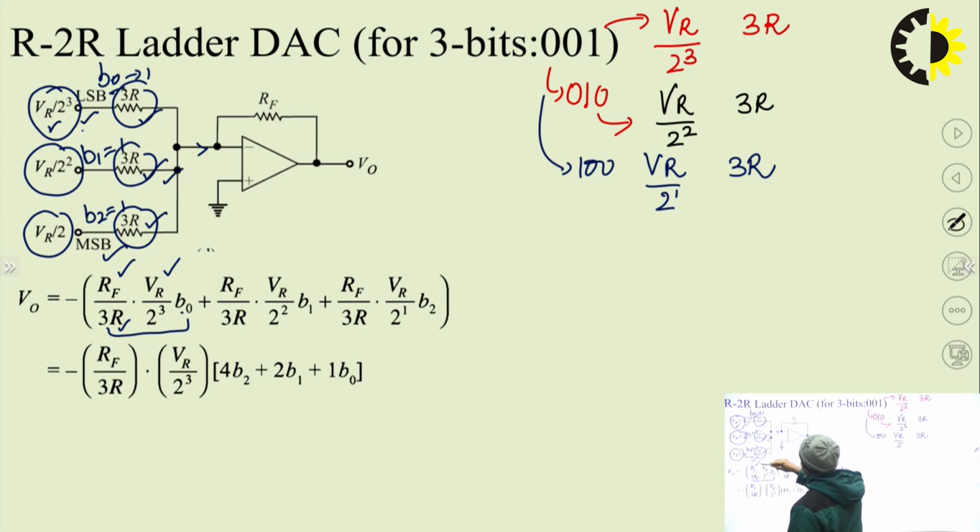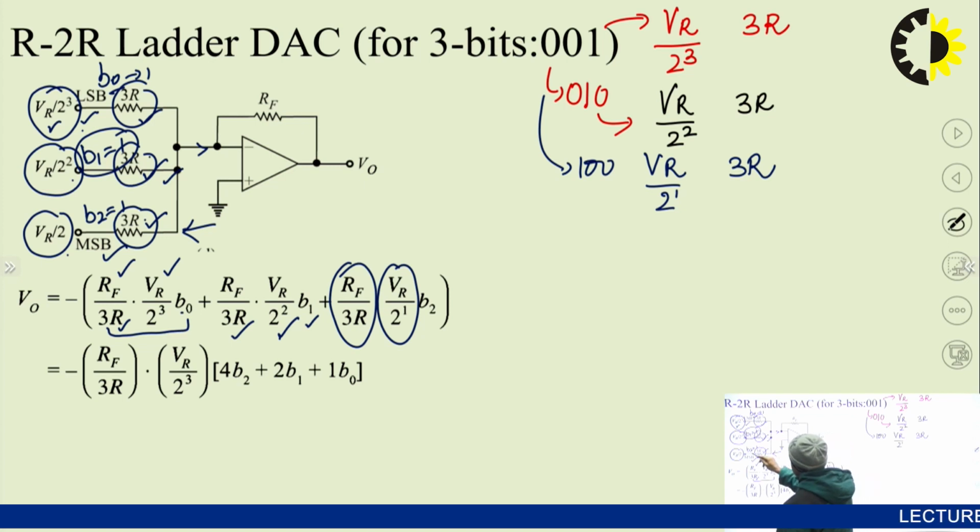So this is the first part of the expression. For the second part, VR by 2 square, RF upon 3R, this is identical for all the branches, into B1, this bit position. And for this last branch, the voltage is VR by 2, that means VR by 2 raised to power 1, and resistance RF upon 3R, and this is my MSB, B2, so that's why B2.